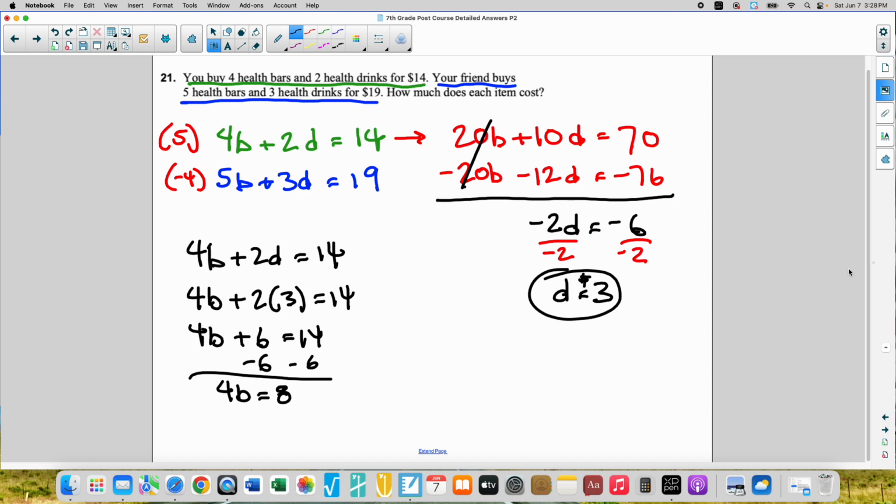We're going to divide by 4 to get 2. And b equals $2. So bars are $2 a piece, and drinks are $3 a piece. Kind of neat how we can utilize systems of equations in order to solve real world problems.